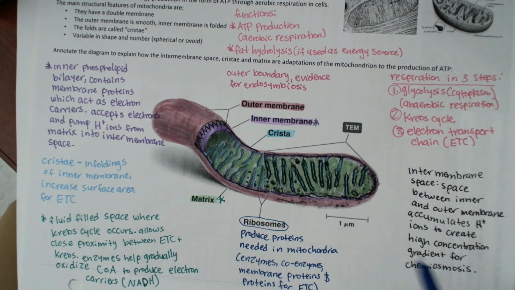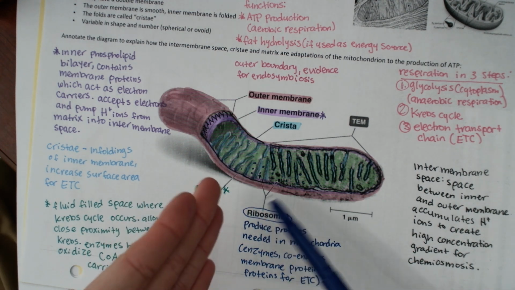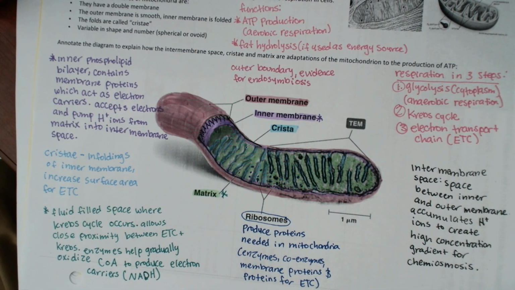By having its own way to produce proteins, it's a lot more efficient. It's another thing that helps with proximity between where it needs to be used and where it's being made. And that's it for mitochondria.